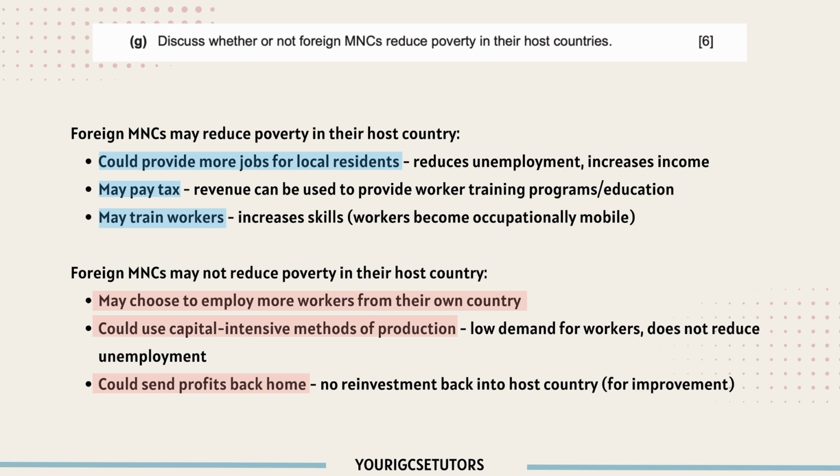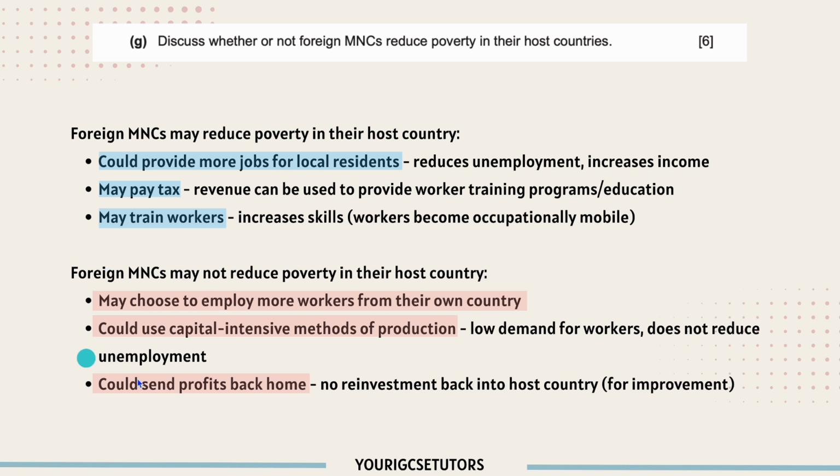This will allow the population to be more occupationally mobile, which overall is better for the economy, because the population will become more and more skilled, and they can pass along their skills to the next generation, and over time this will reduce poverty.